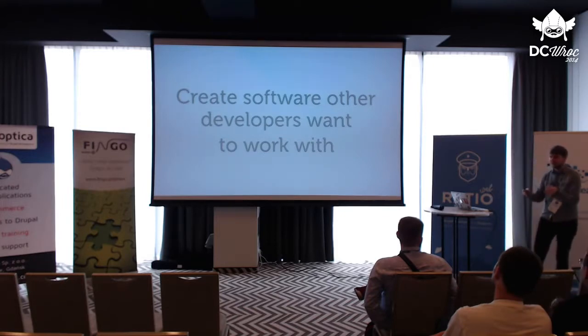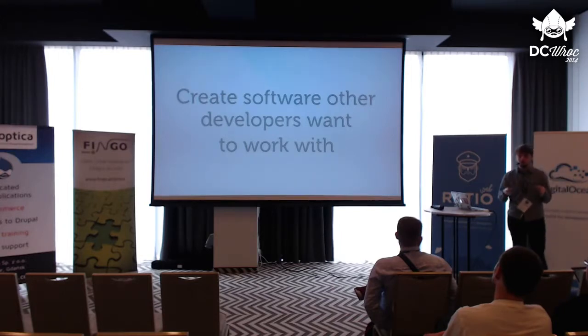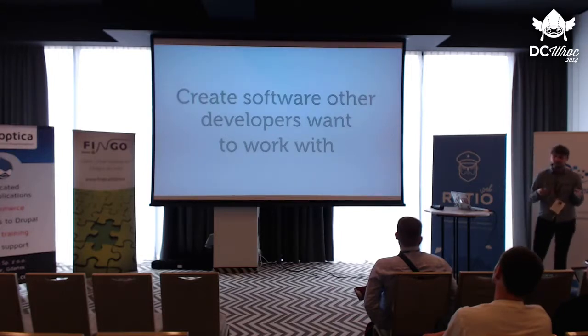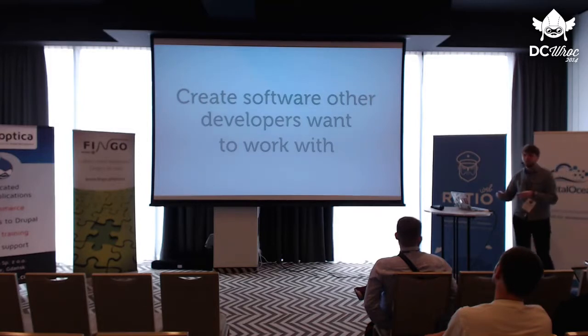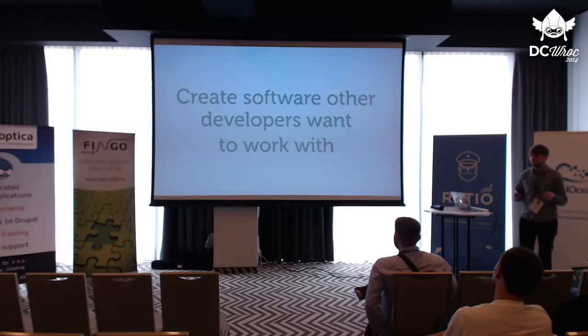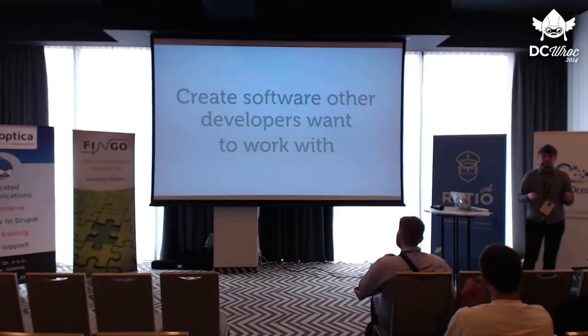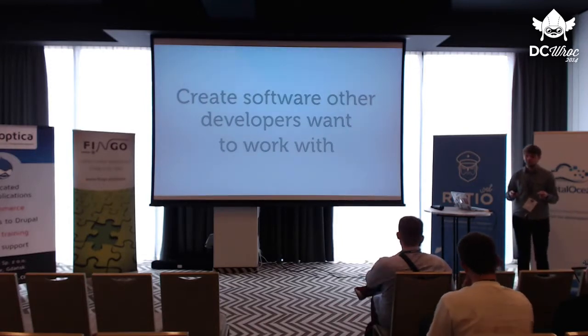Make other people excited about your software. So when you are talking about your software and saying, okay, I've done this cool thing and that cool thing, other people actually want to work on this project and don't want to leave the company. That's the whole point. We are building software that we will maintain for some time, and we really want to make sure that someone will work with this software, and we won't have a request to rewrite the whole thing in 2 months or something like this.